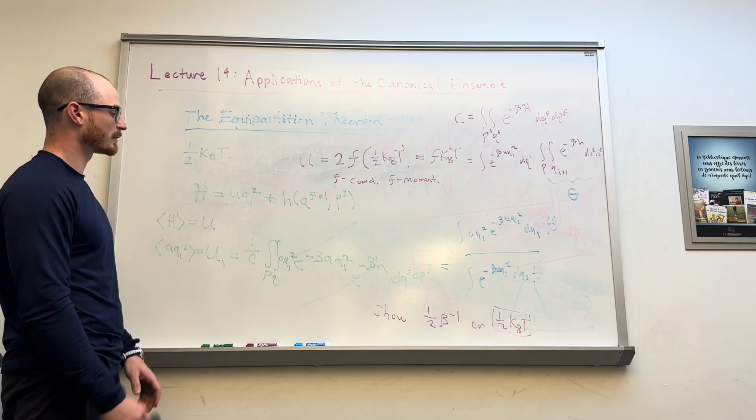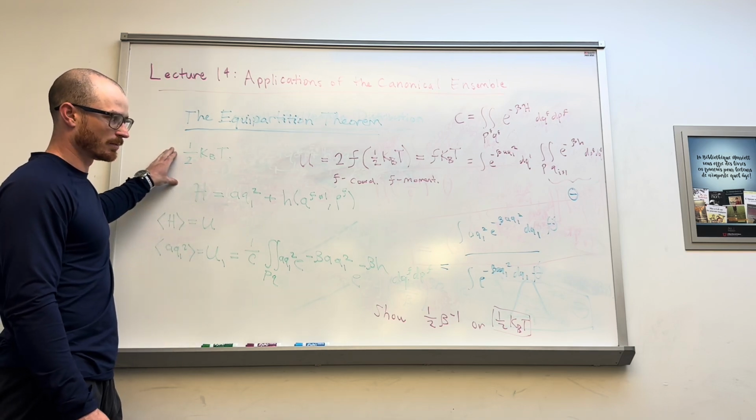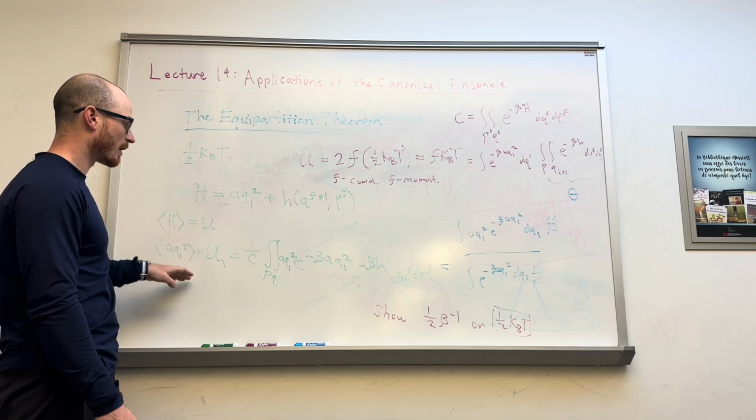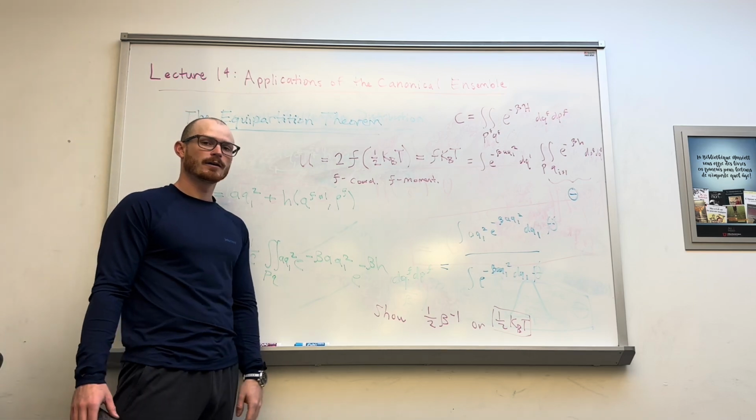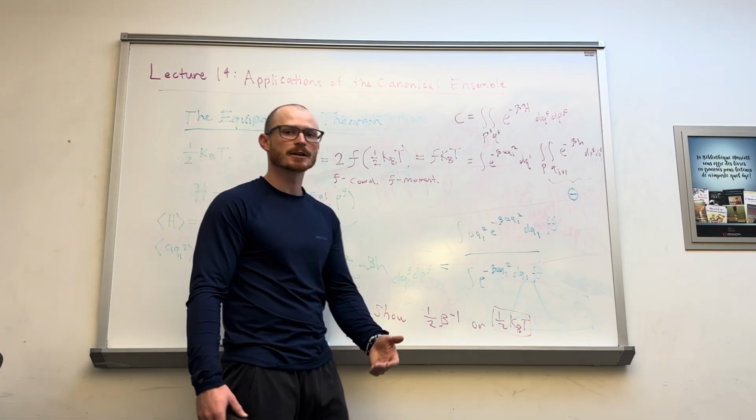So this is the equipartition theorem, using a very simple application of the canonical distribution that we have so far. And this can have some far-reaching implications.